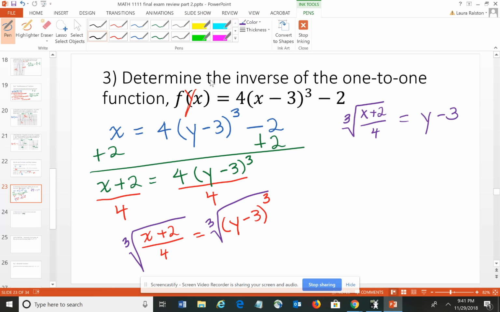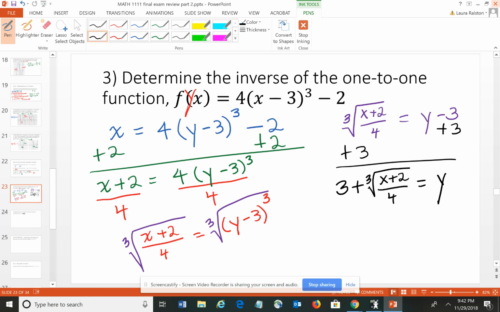I then need to add 3 to either side so that I have 3 plus the cube root of x plus 2 all divided by 4, which would equal y. But remember, in this scenario, the y represents f inverse. So this is actually f inverse of x.